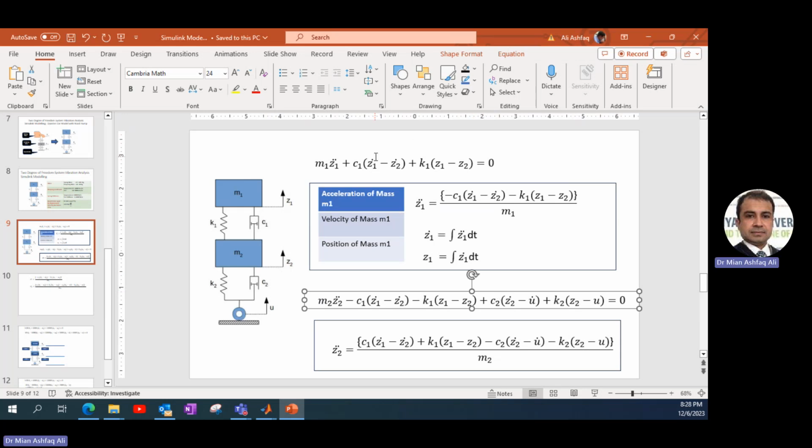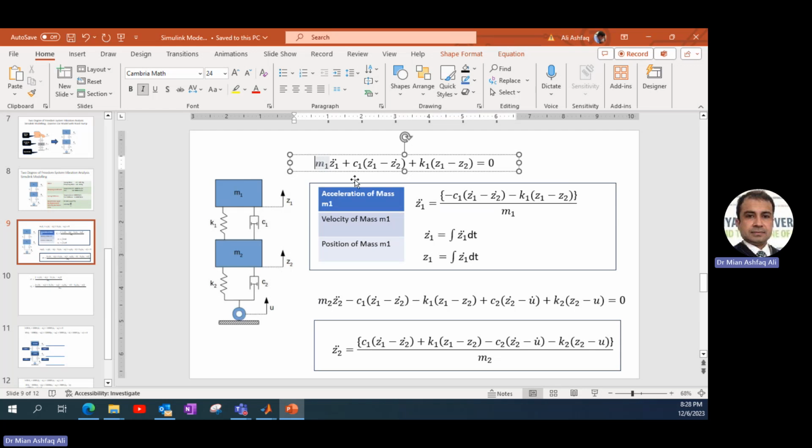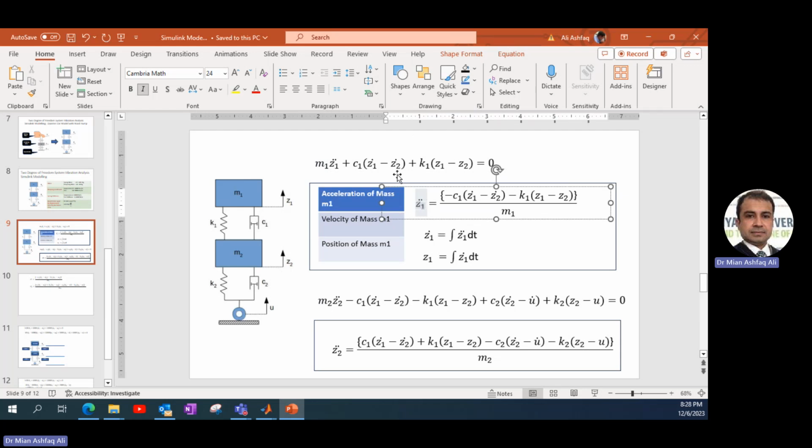In order to model these two equations, we have to manipulate them. From this equation, if we bring everything to the right except Z double dot, the equation gives us values that depend upon the force developed in the damper and the force developed in the spring, divided by the mass.